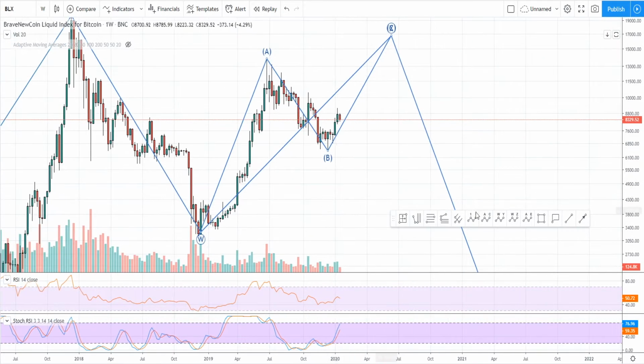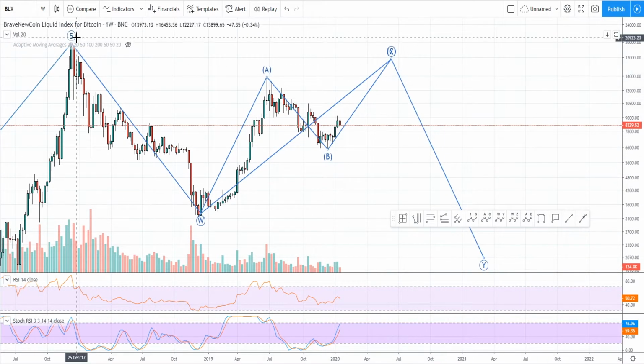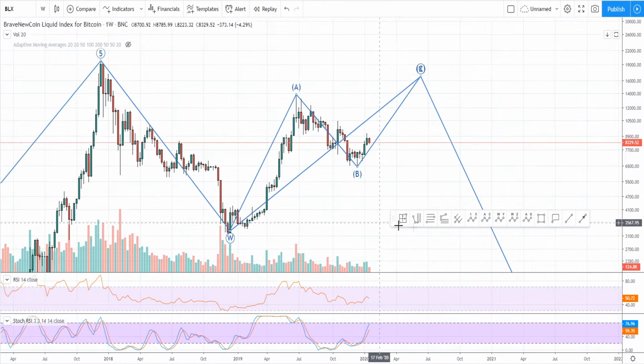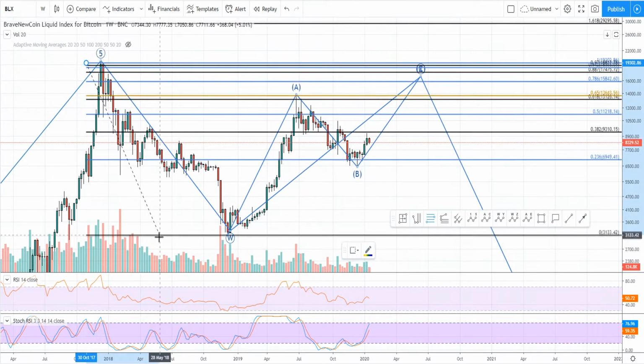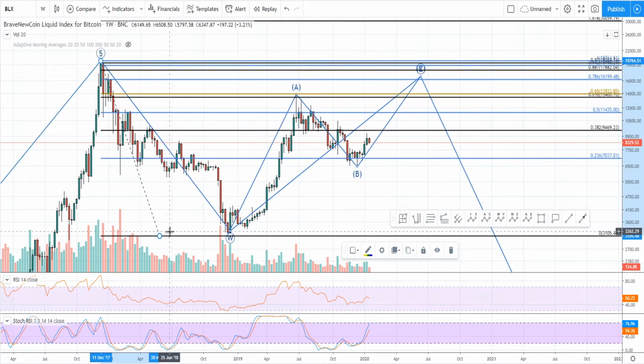The first one is the 0.786 of the whole fib retracement right here, around this level.